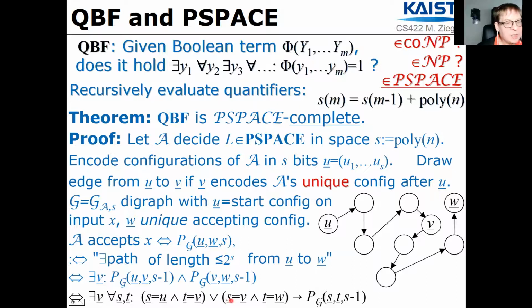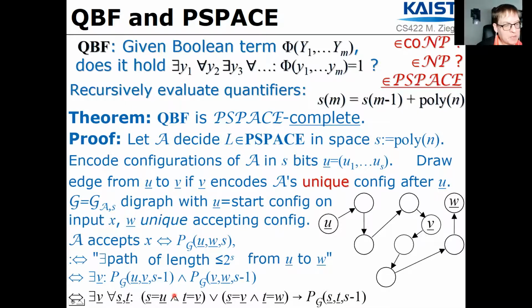So we express this and use these complicated expressions with universal quantifiers in order to combine these two recursive sub-expressions into one, or reduce that to only one recursive sub-expression.